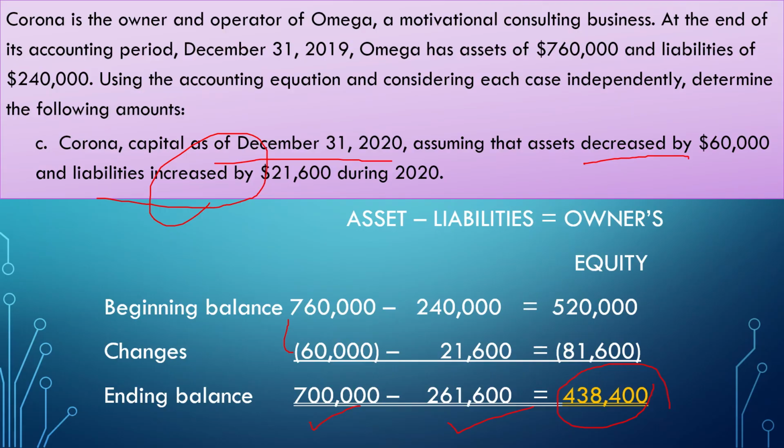So it's telling us that the owner's equity decreased by 81,600. So from the beginning balance of equity which you computed in letter A, you deduct the decrease of 81,600, and you get the same answer, 438,400. Again, you can go vertical or horizontal. You should get the same answer.